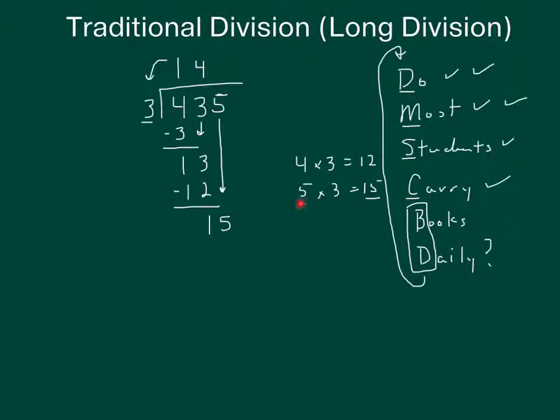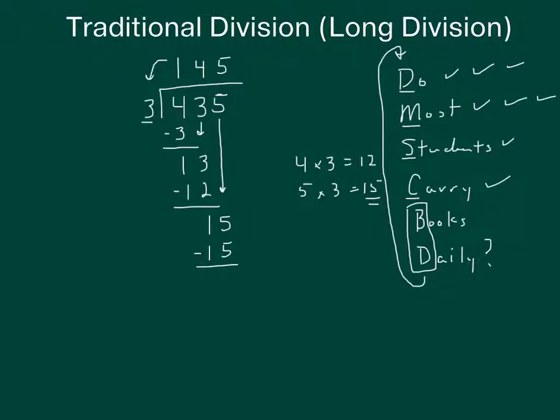Now, earlier I thought 5 times 3 was 15, which fits perfectly right here. So I brought down, I come back up to my divide, and this time I'm going to divide 15 by 3. 15 divided by 3, I know from my previous thinking, is 5. So I divided. Now I'm going to multiply. 5 times 3 is 15.